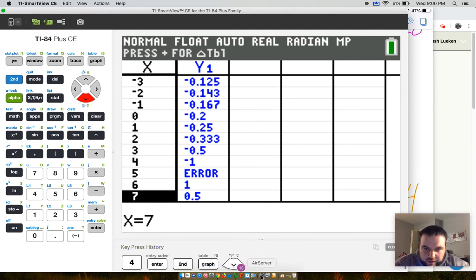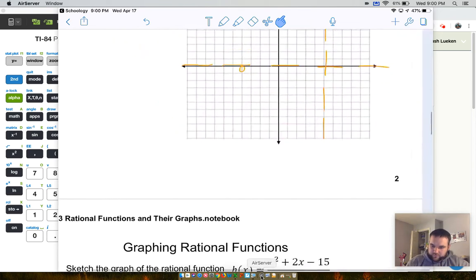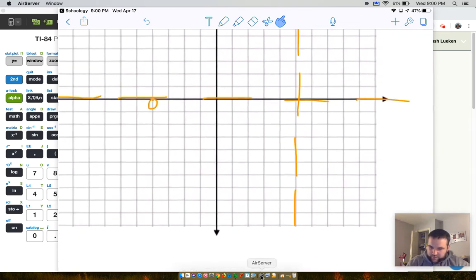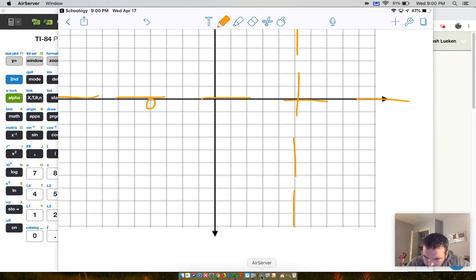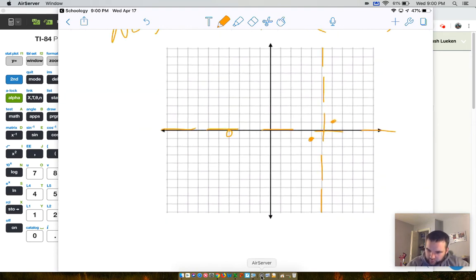I'm going to go back here. 4 comma negative 1 and 6 comma positive 1, which makes sense because we know it's going to look like that. That's not very good. It's going to be a little bit more aggressive towards the asymptote.